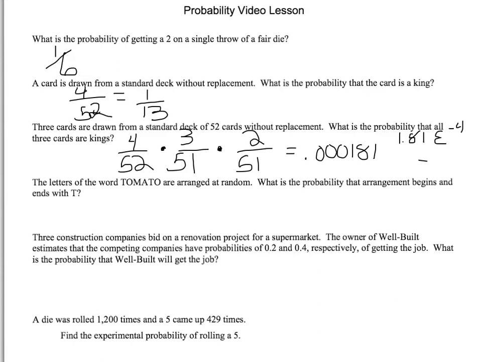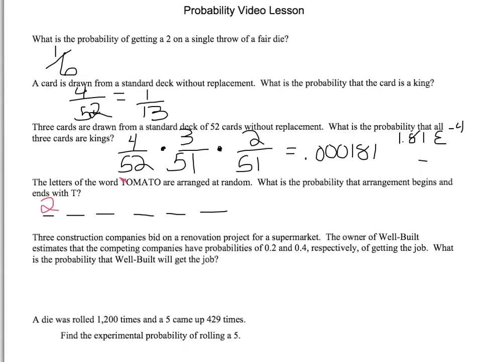The next one, the letters of the word tomato are arranged at random. What's the probability that the arrangement begins and ends with a T? Well, first of all, I see I have 6 letters in that word tomato. So I'm just going to try to do it pictorially here. I want it to begin with the letter T. I see I have 2 options for that first spot.